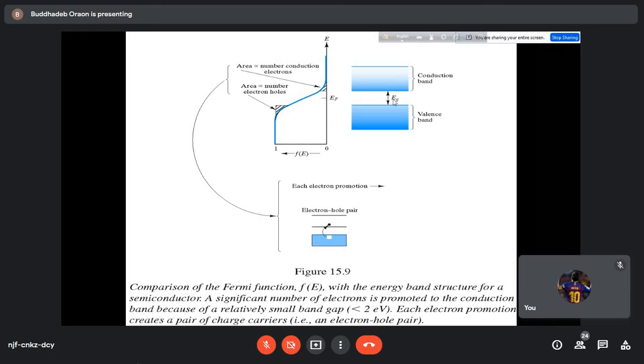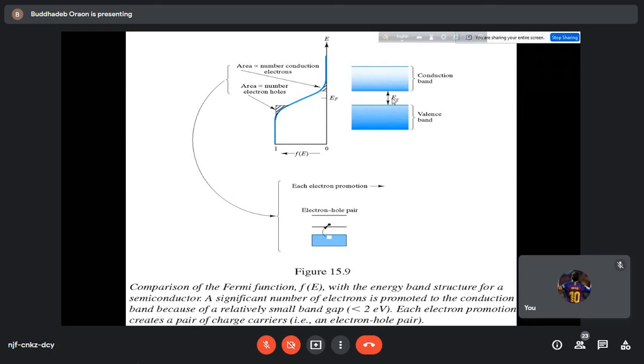At absolute zero, almost all the electrons will be in the valence band. Let us say there will be no electrons in the conduction band, and as you increase the temperature, the electrons from the valence band will absorb energy, and if the band gap Eg value is comparatively less, then these electrons will jump or cross this energy barrier and go to the conduction band, and thus they may be free electrons.